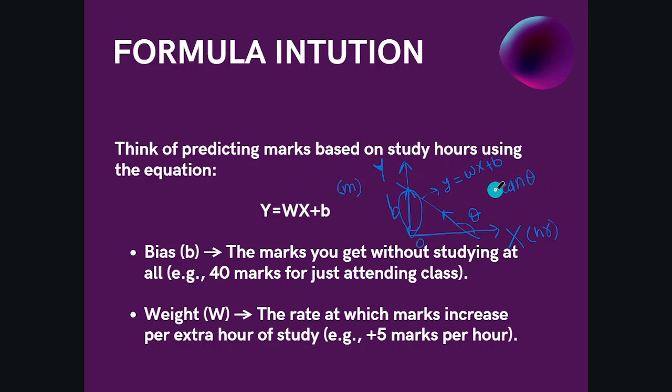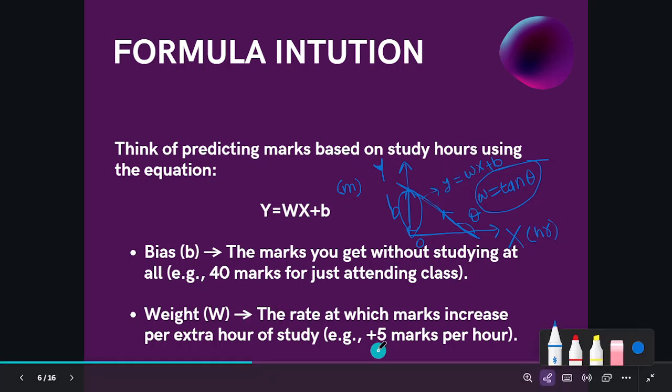So this is what W is. W is basically the slope that we got through the line. How much tilted is this line from the positive x-axis, that is what slope is, and that is what we call weight.